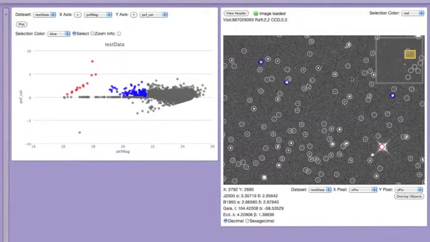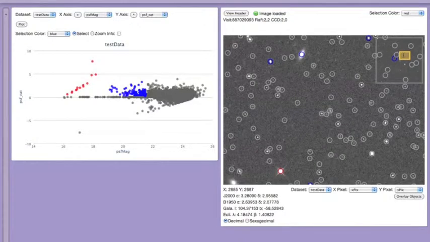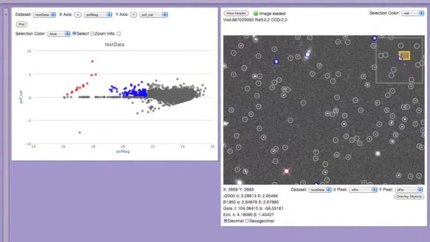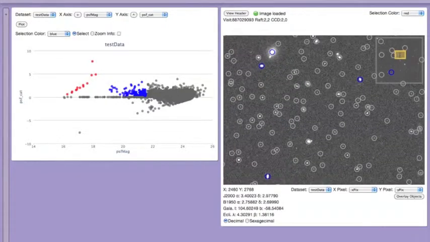And these appear to be mostly relatively bright galaxies, which again is expected given the fact that we're looking at a PSF magnitude, which does not necessarily represent the light distribution of extended objects very well.